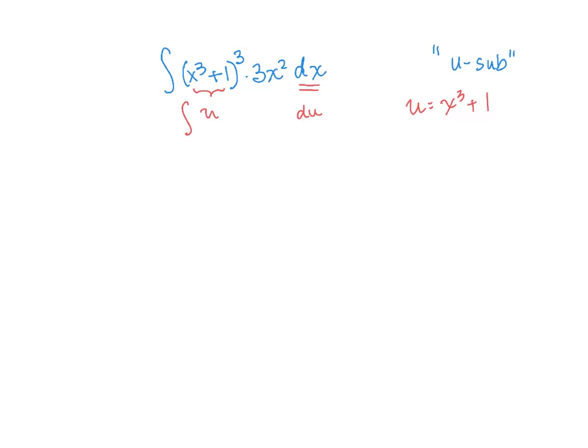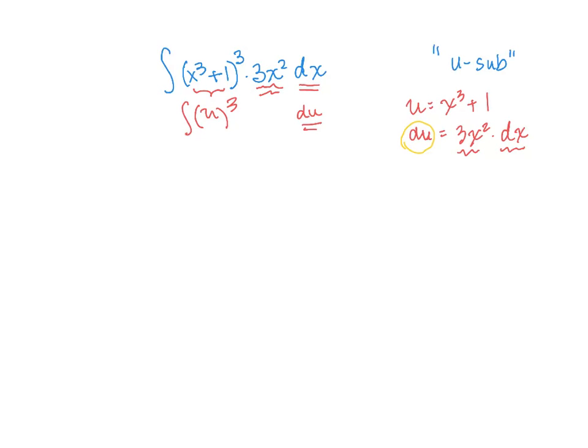Because in order to integrate a function in terms of u, I have to have a variable of integration, which is this little du. That's what it tells us. So let's come over here and take the derivative of u. What's the derivative of x cubed plus 1? We get 3x squared dx. And that 3x squared dx is actually in my original problem. So this u is to the third power, and the 3x squared dx over here is my du.